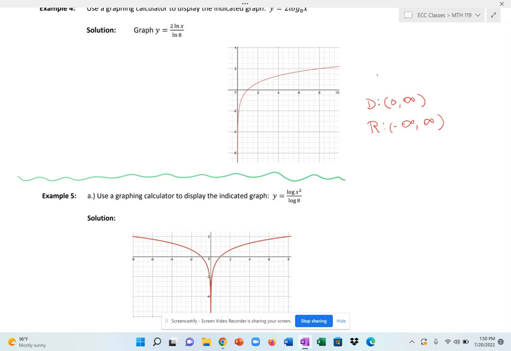It doesn't exist. But once I square my x, then negative numbers are okay because a negative number squared is positive. So that's why your graph is on both sides of the y-axis. In this case, my domain is from negative infinity to 0, and then again from 0 to infinity. Your range doesn't change. It's still all real numbers.